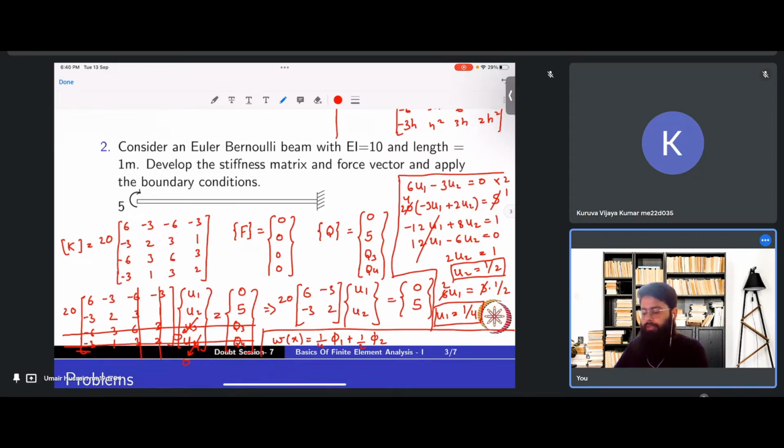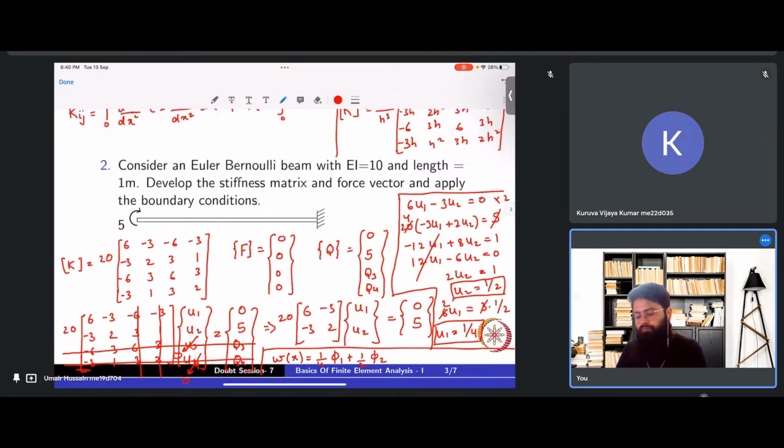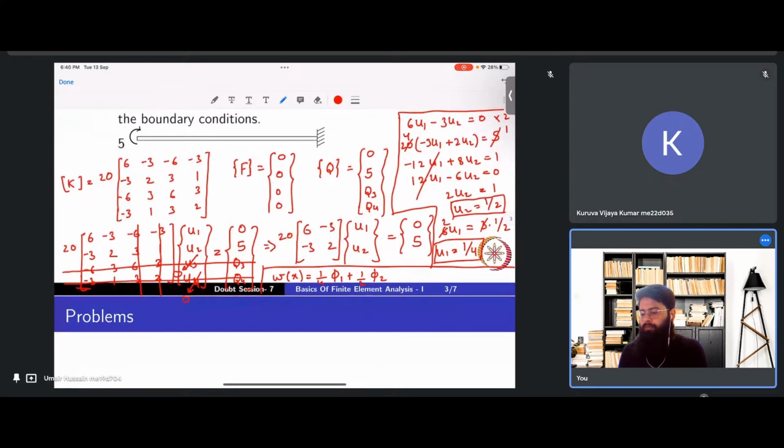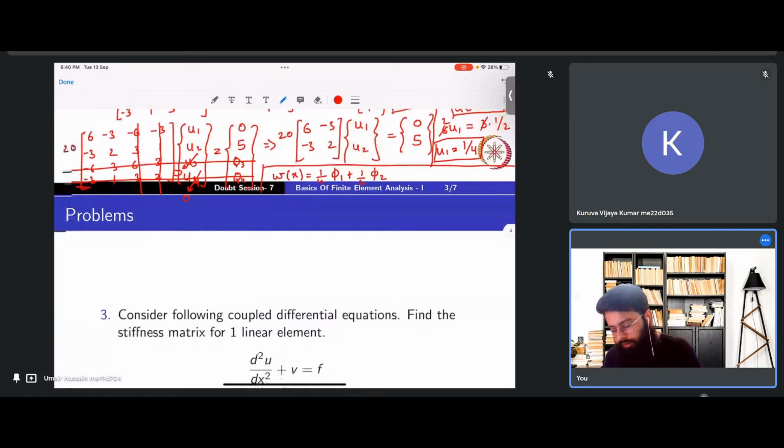We get the variables and finally get the solution. Right? So we'll move forward then.